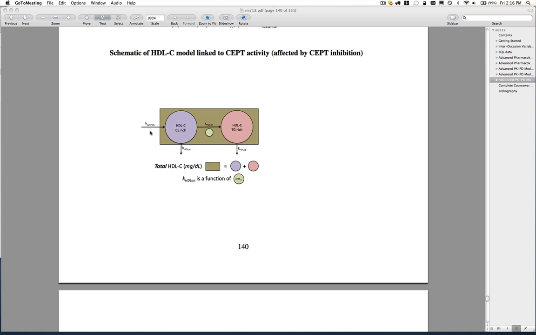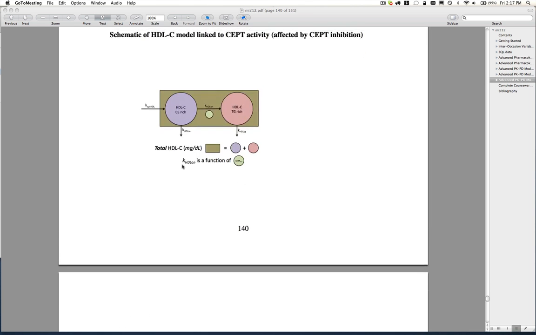But again, the theory here is that these triglyceride-rich molecules are cleared more quickly than the cholesterol ester-rich molecules, and so when you block this off, you block the faster route of getting rid of HDL cholesterol, and so you get a buildup within the cholesterol ester-rich side of things because this value is smaller than this value, and so you get an increase in the overall amount of HDL cholesterol. So that's the theory behind the model.